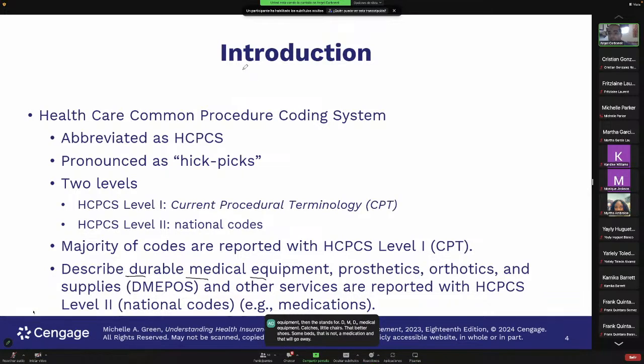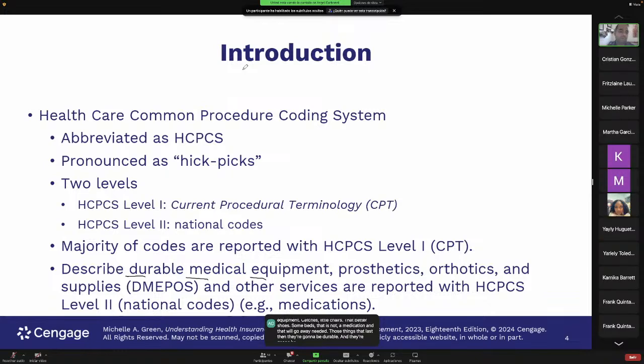Those things that last are durable, and they're medical equipment. Orthotics, prosthetics, anything that is not a procedure will be in HCPCS level 2. And again, just two levels of the HCPCS for now.